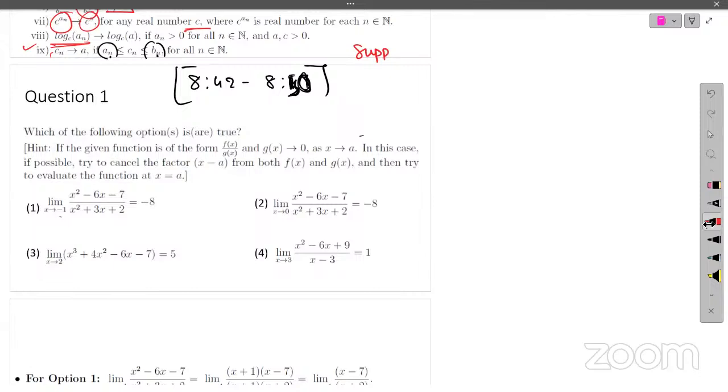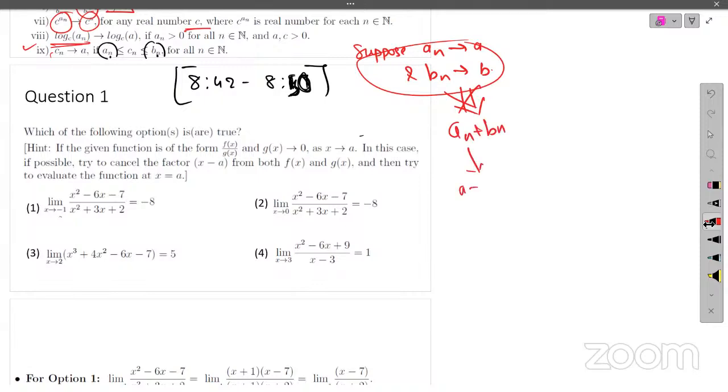So the statement: suppose an converges to a and bn converges to b. If you lose this condition, then you cannot actually imply that an plus bn converges to a plus b. If you know an converges to a and bn converges to b, then only can you imply an plus bn converges to a plus b.